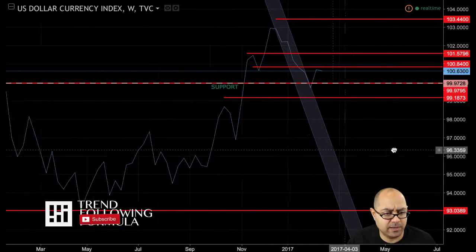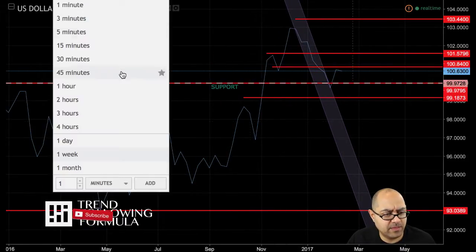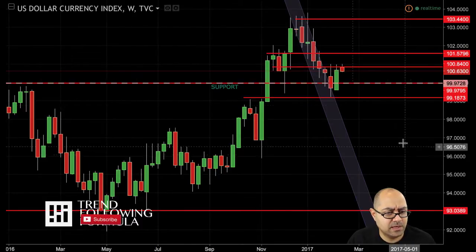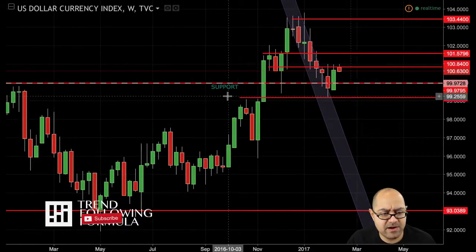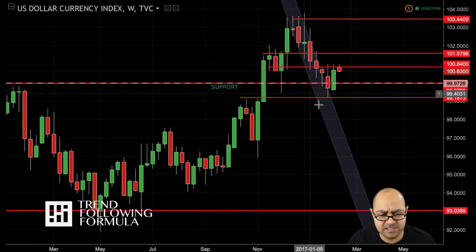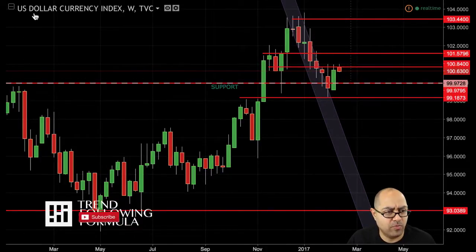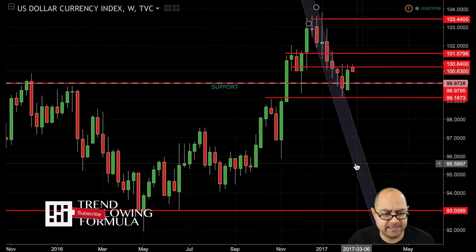Starting with the weekly, if we notice on the weekly chart candle, there's very interesting evidence here, which is a bullish engulfing on the weekly chart for the US dollar index.